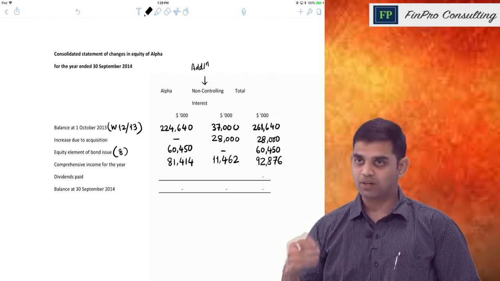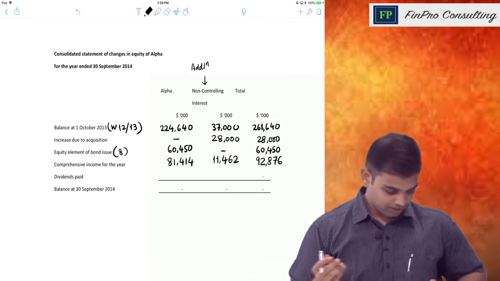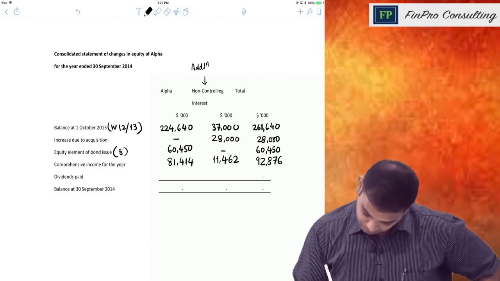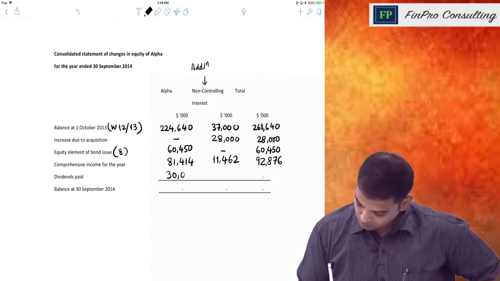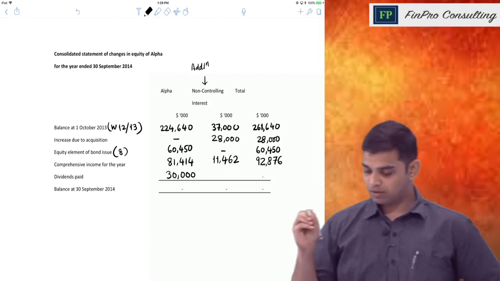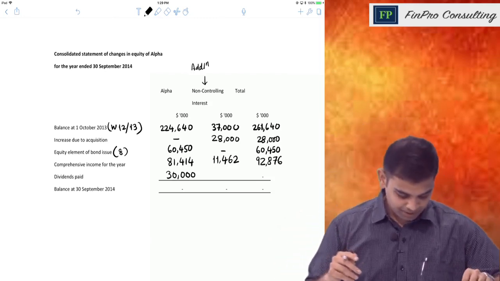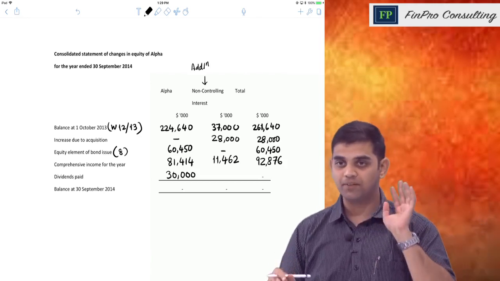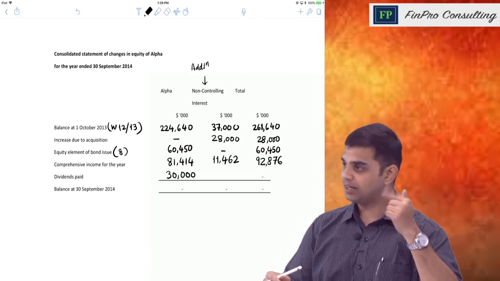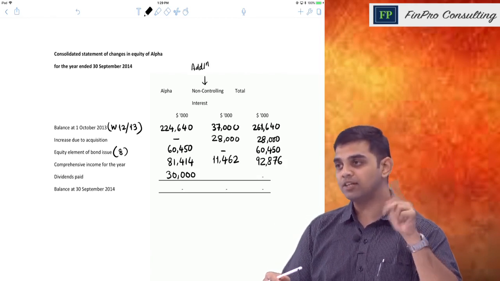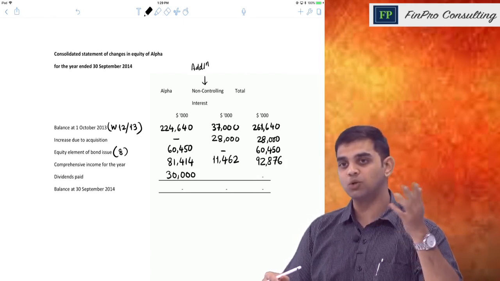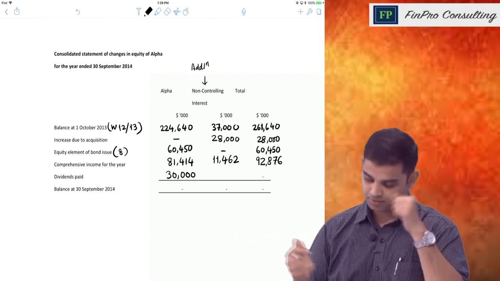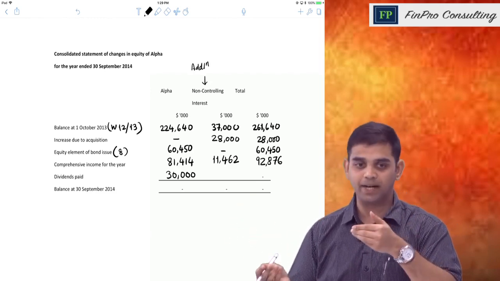And last, dividend paid. Now from alpha it will be the entire amount of dividend, right? So what is alpha's amount? 30,000. Now beta has paid a dividend of 10,000, out of which 7,500 we have deducted as an intercompany adjustment. Now the balance 2,500, which relates to non-controlling interest, we will deduct in the statement of changes in equity, because we cannot deduct it from P&L.